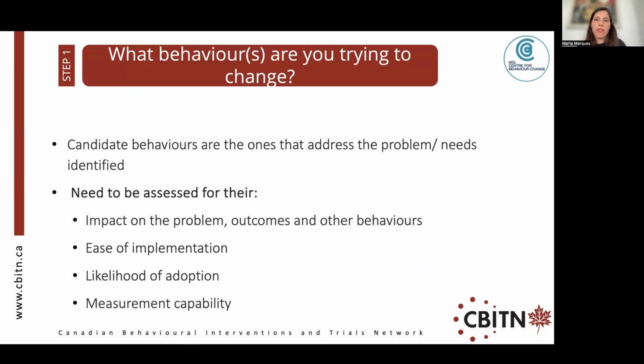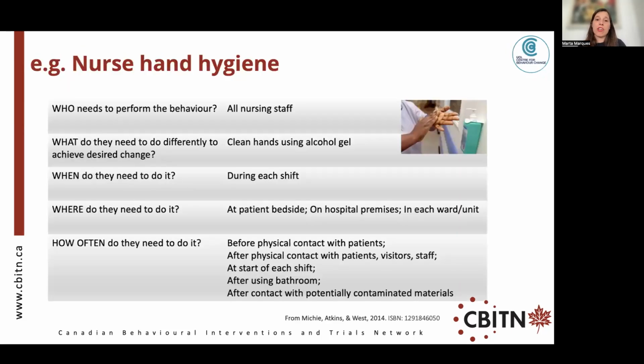We can think of a behavior that it's really important to change what we want to change in the target population, but if they are not going to adopt it, we might think of other behaviors that are more easily and more likely to be adopted. And also, if we can measure changes in behavior. Once we have this, then we can move to specifying the behavior.